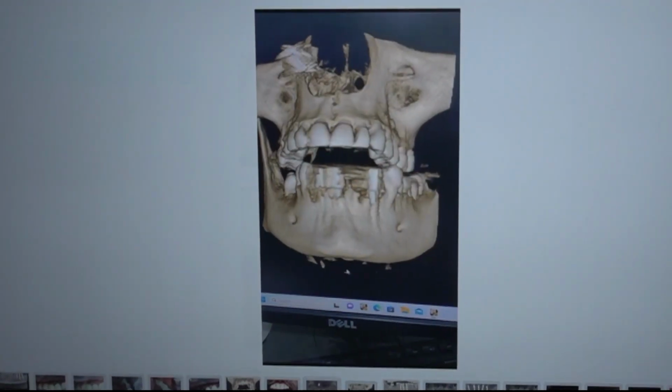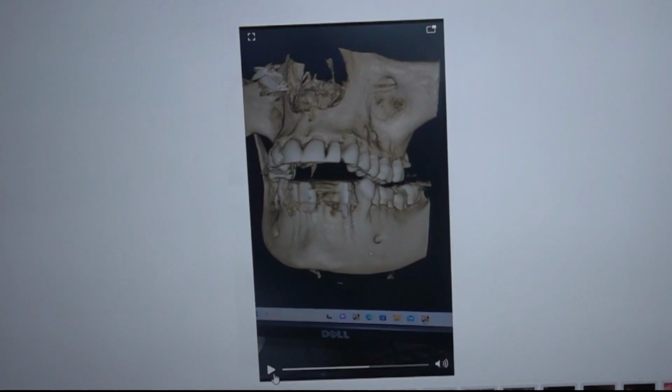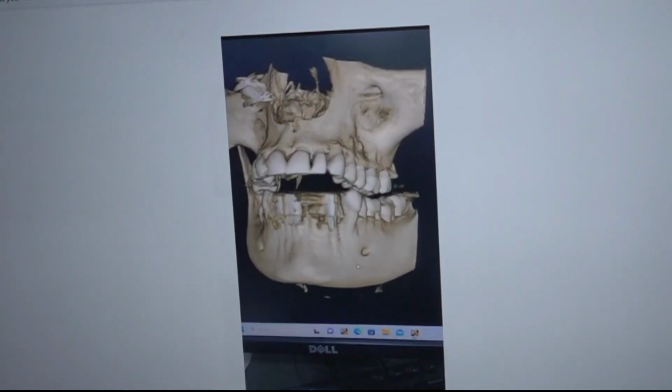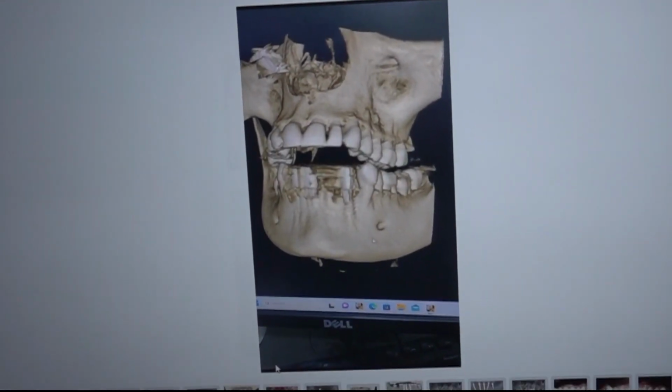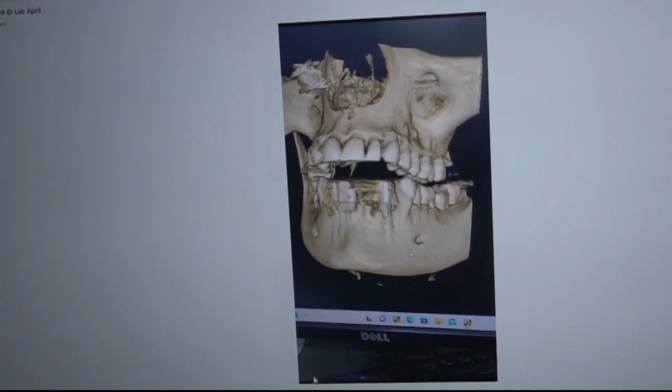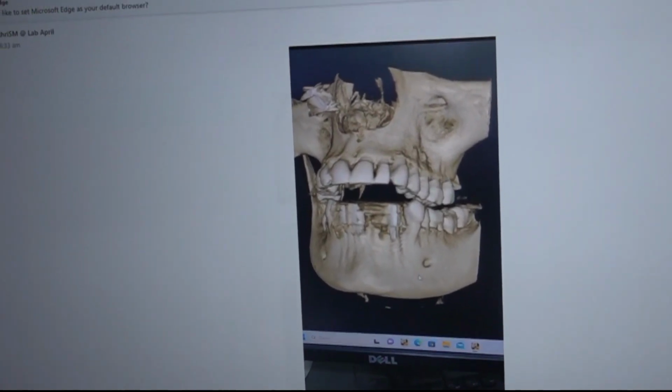So this view is a very good view to understand whether the implants are close to each other, whether we can place it correctly. This is not the panoramic view, this is the real 3D view, right?